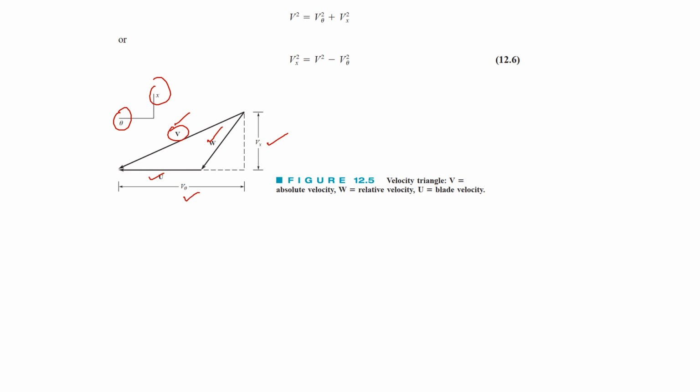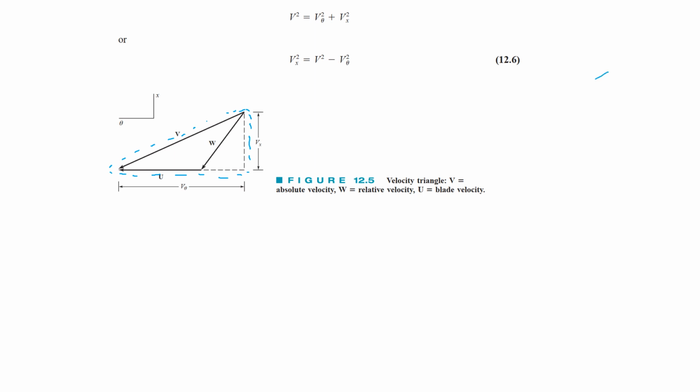So now we have two triangles, and using these two triangles we can write some useful equations. One is this bigger triangle right here.